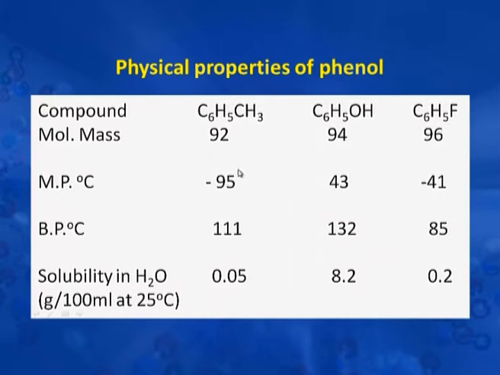If we compare the physical properties of the three molecules, we see that the melting point, boiling point and solubility in water are maximum in the case of phenol, whereas they are much less in the case of toluene and fluorobenzene. The reason behind this difference is the hydrogen bonding shown by the phenol molecule, which is not shown by aromatic hydrocarbons as well as fluorobenzene.